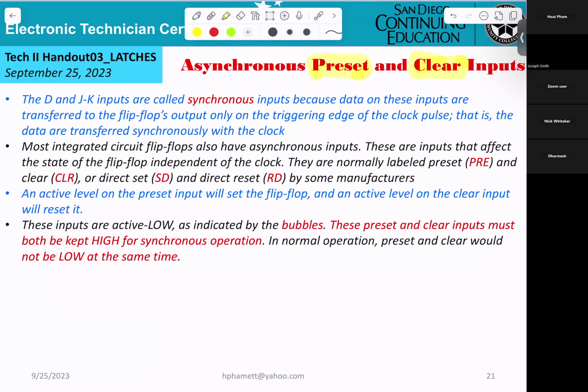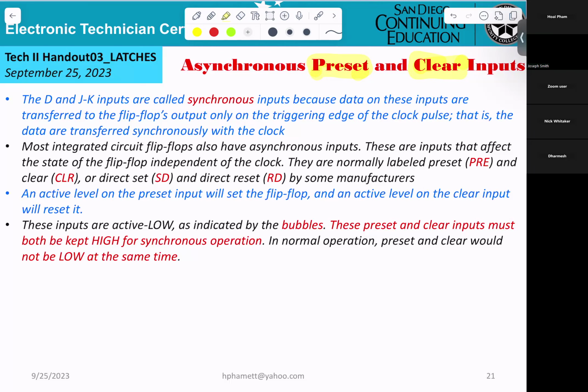Now, why do they need preset and clear? Everything in the flip-flop, everything in the computer, is controlled by the master clock. That's why when you buy a computer, they ask you what the frequency is. That frequency basically controls everything.